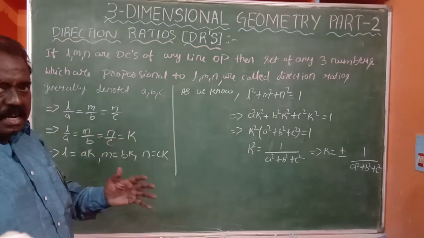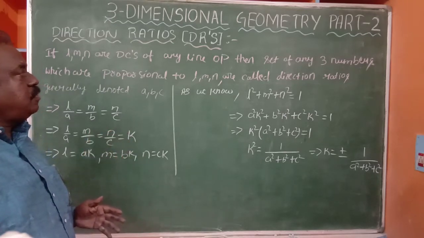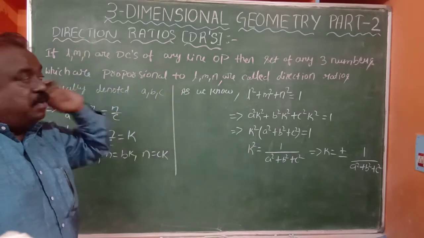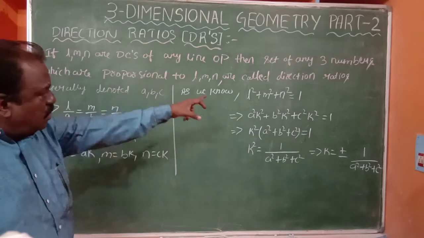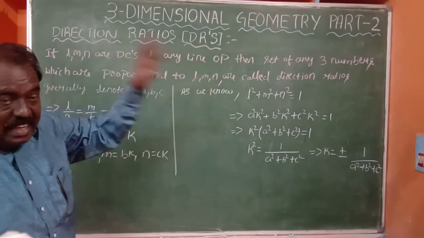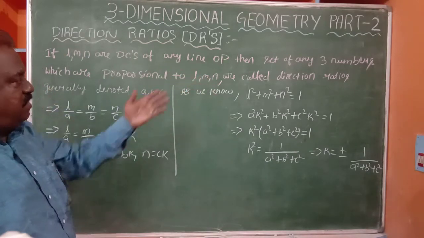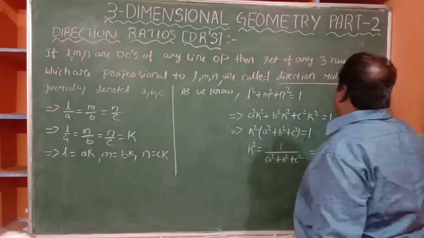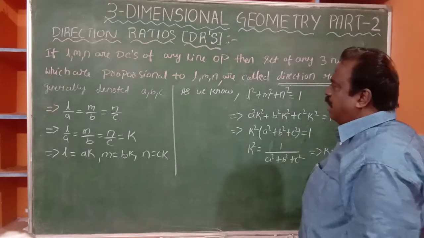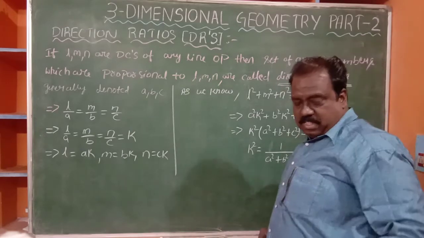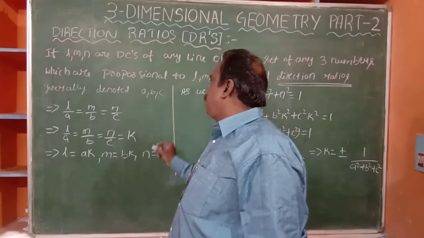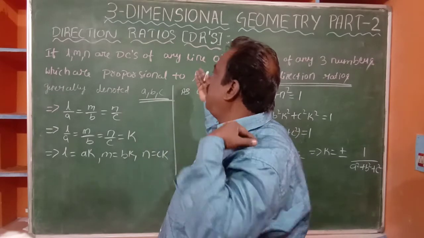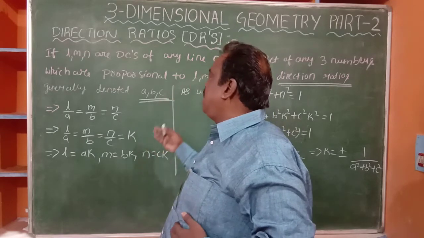Then a set of three numbers which are proportional to these DCs, L, M, N, are called direction ratios. Generally, those direction ratios are denoted by A, B, C. L, M, N are the DCs, A, B, C are the DRs.